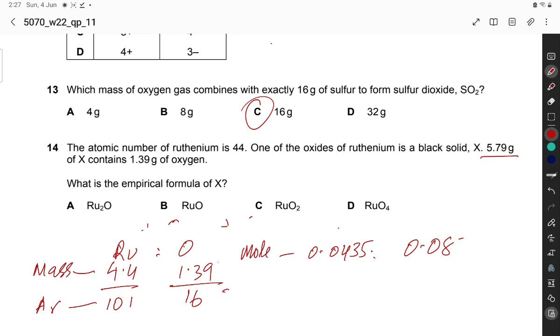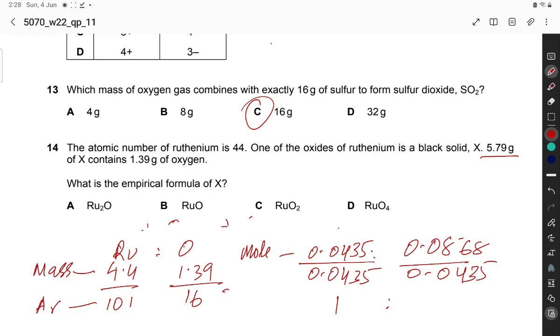By using mole ratio, dividing by the smaller mole, 0.0435 divided by 0.0435, this is 1 and this ratio is 0.0868 divided by 0.0435.